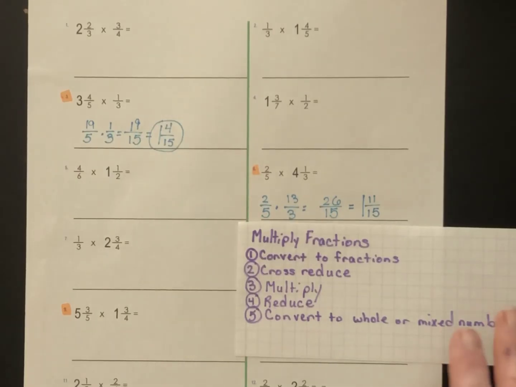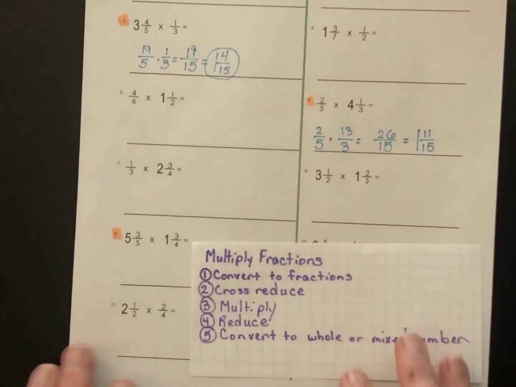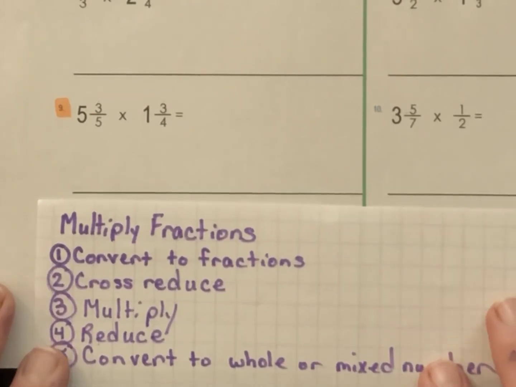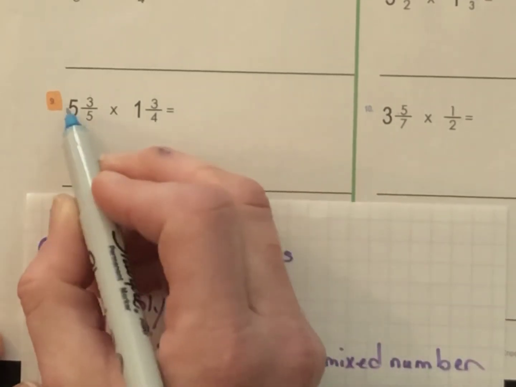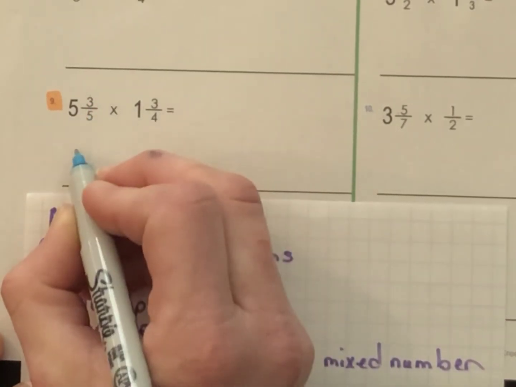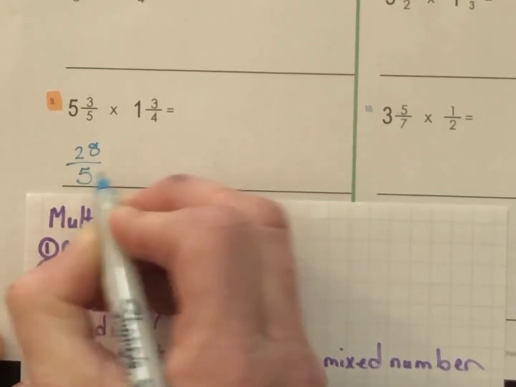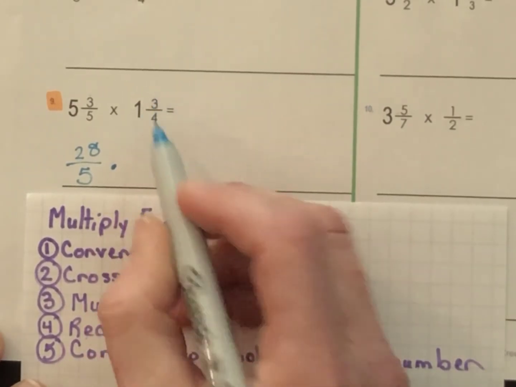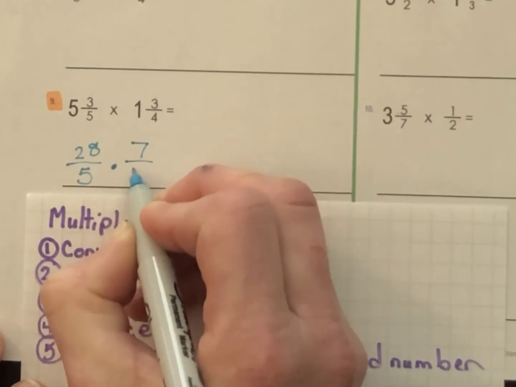All right, now I'm determined that this one is going to involve some reducing, because reducing is the most helpful thing you can do in fractions, and the earlier you do it, the better. All right, convert to fractions. So both of these convert. So 28 fifths times 7 fourths.